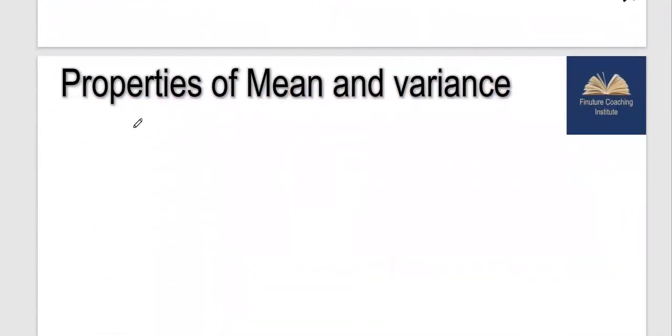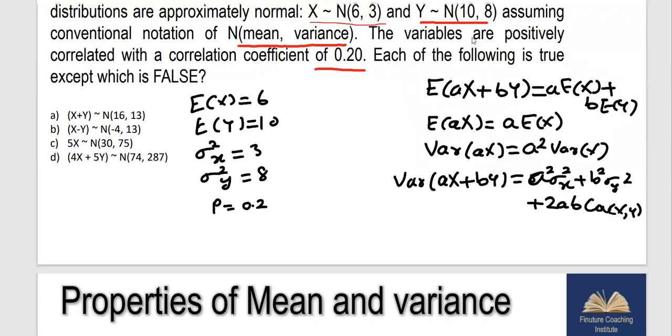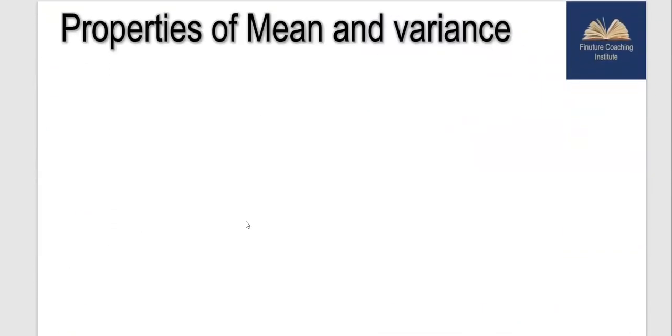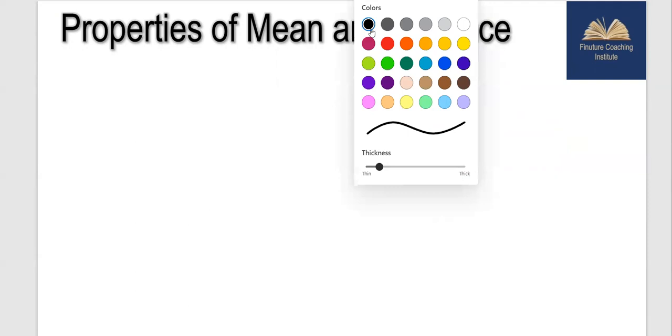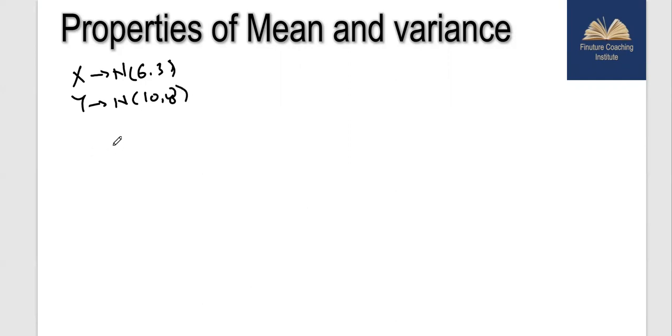So let me write it again over here. X is normally distributed with mean 6 and variance 3, and y is normally distributed with mean 10 and variance 8.